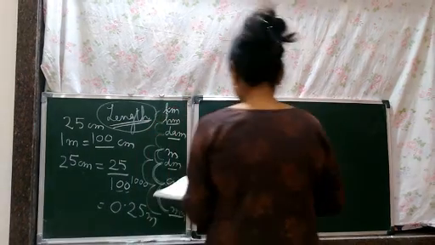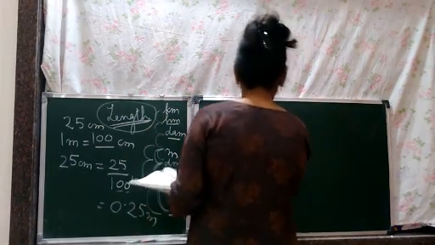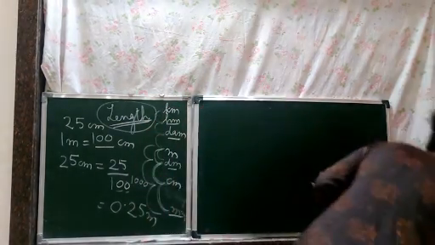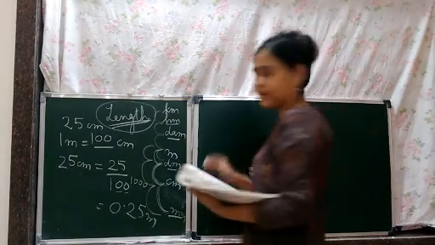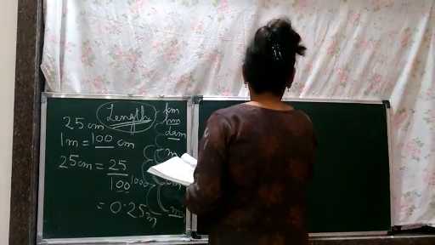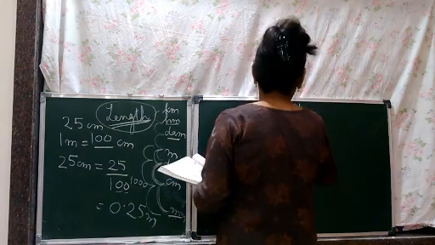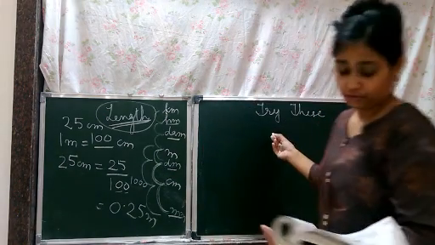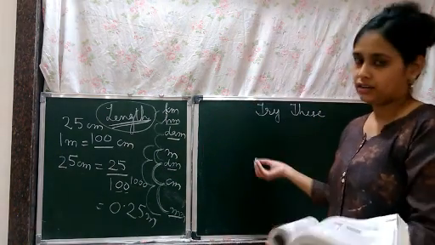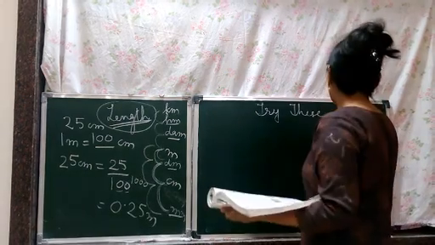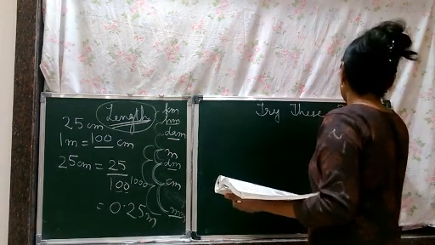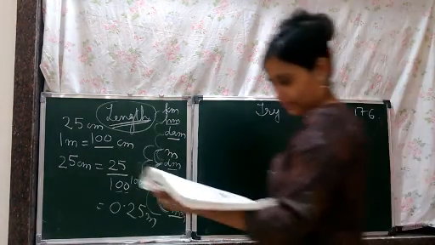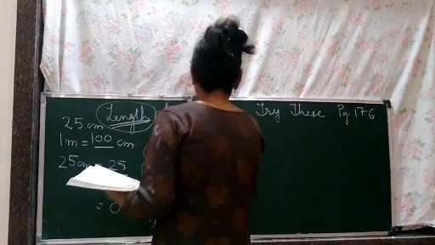So let's start. First and foremost, write the heading, Try These. If you have your book, you can do it there. Otherwise, go and do it in your copy. Question number 1.